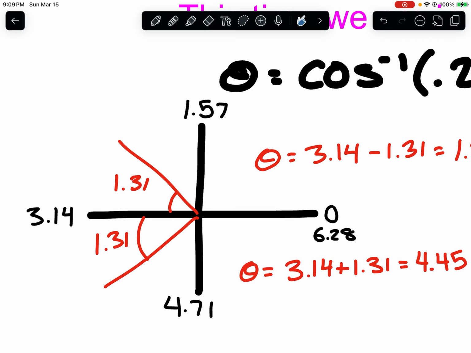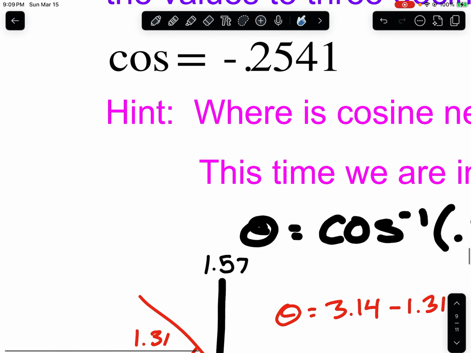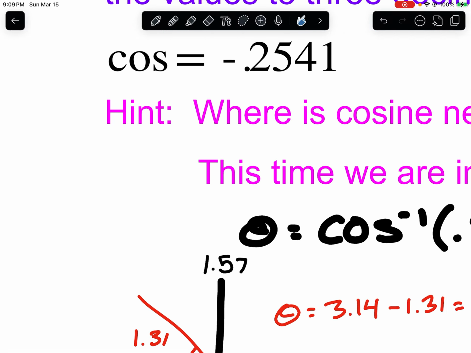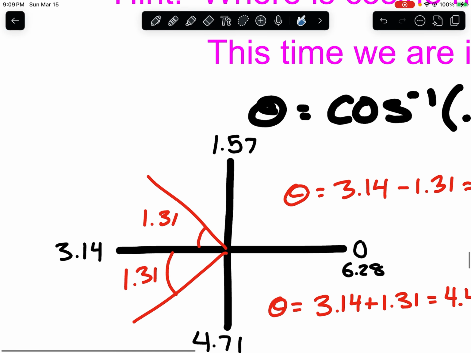Because then it's a little bit easier to subtract to find these actual angle values. And again, we were given an original cosine value of negative 0.2541.